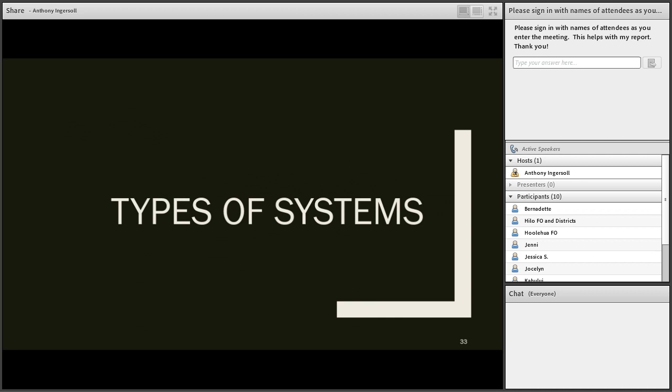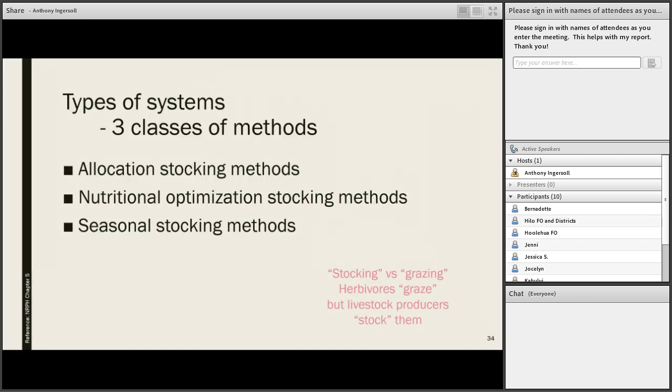So now we're going to talk about some of the different systems that are out there. Don't worry too much if some of this is somewhat confusing. I'm going to try to call out the ones that we see the most often here in the islands, but I do want you to be aware that all of these kinds of things exist. They're out there. So we have three classes of methods.